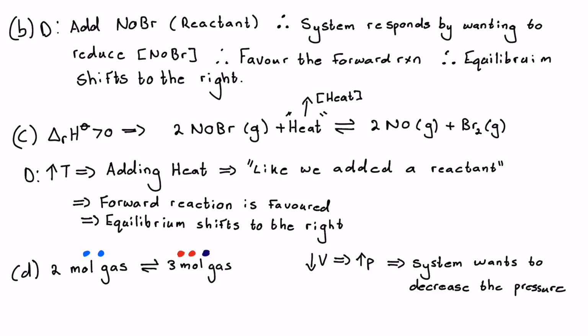Which side of the equilibrium will be favored if it wants to decrease the pressure? Well, it's the side with the smaller number of moles of gas. So to decrease the pressure, the equilibrium needs to shift to the side that has only 2 molecules of gas instead of 3 molecules of gas. By reducing the container size, we force the system to go to the side that only has 2 molecules of gas, because 2 molecules of gas can occupy a smaller space more comfortably than 3 molecules of gas, or 3 moles of gas.